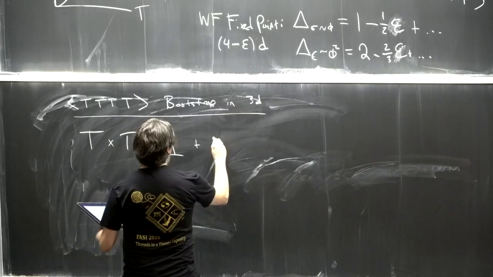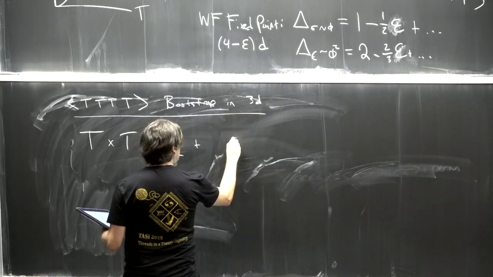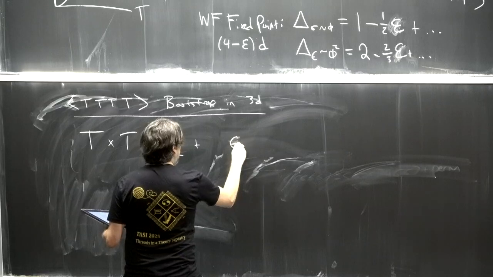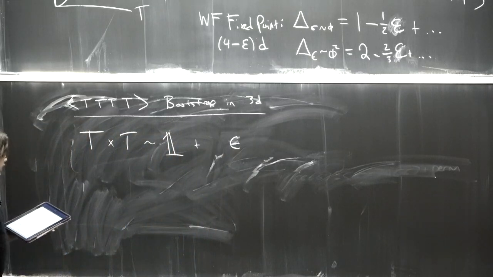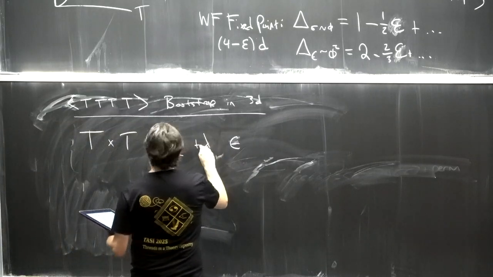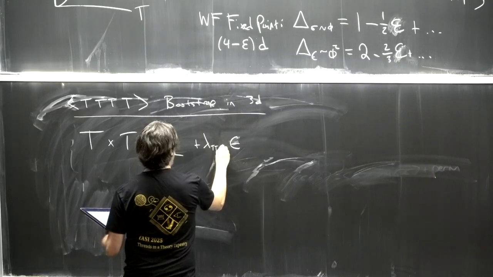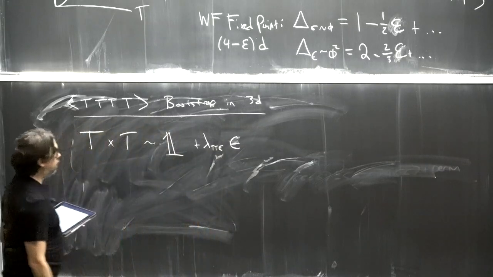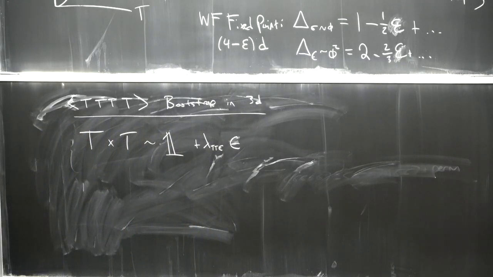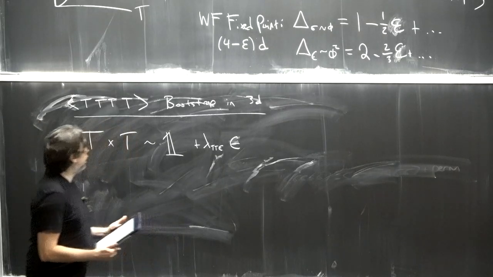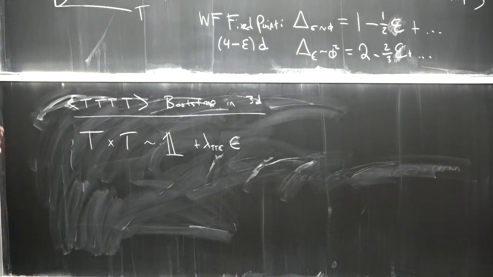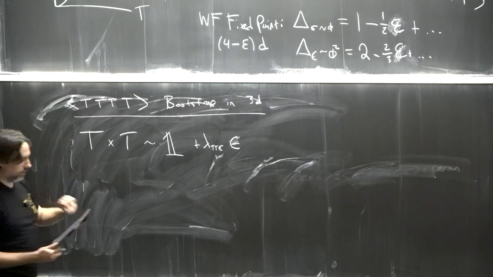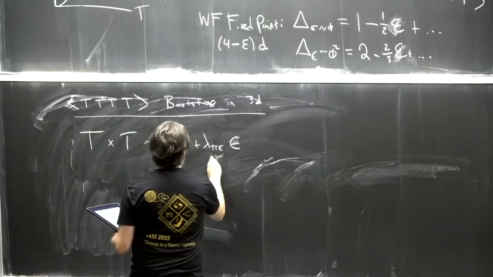We have the first parity even scalar, which I'll call epsilon here, with some OPE coefficient. And if you recall, when we looked at TT scalar 3-point functions, there was a unique coefficient. There's just one. Okay, so there's one structure.